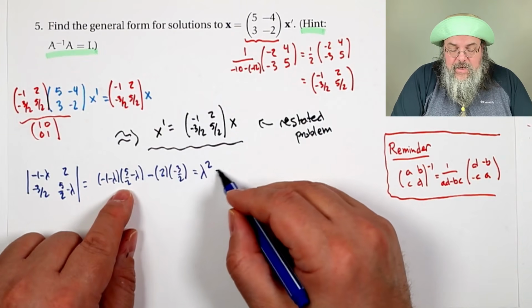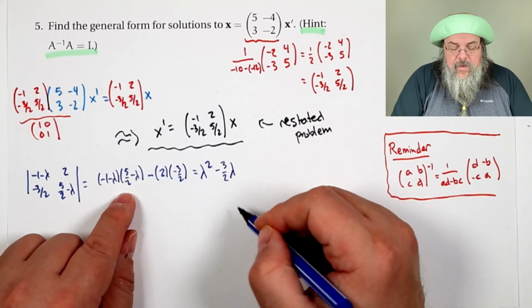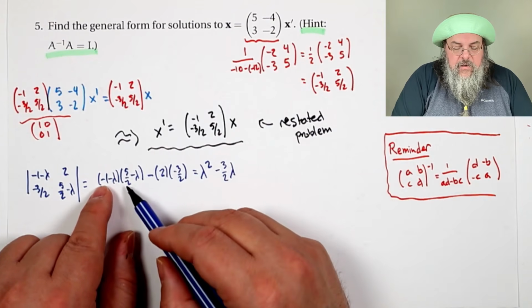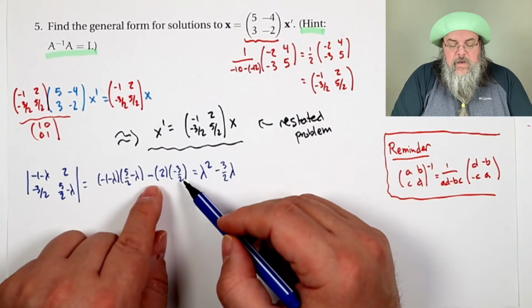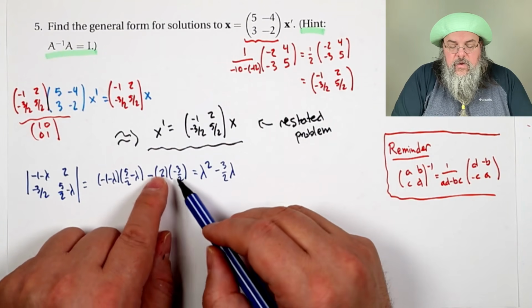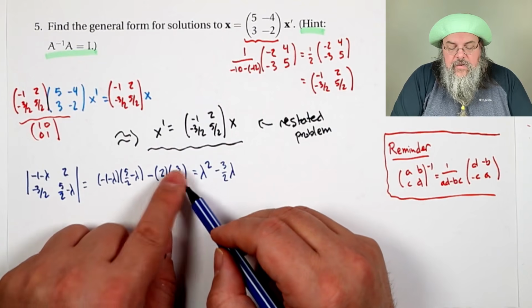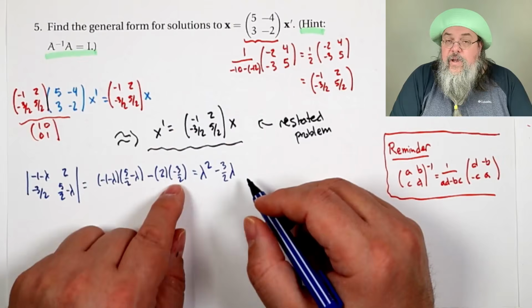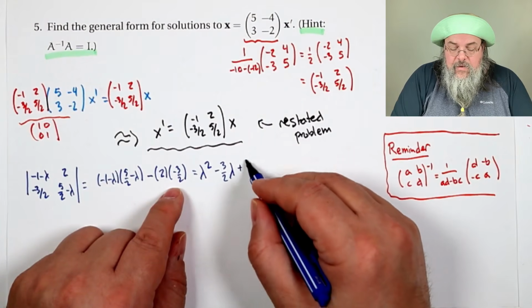So that would make a minus 3 halves lambda when we were done. And then we're going to get a minus 5 halves. But here we have a plus 6, right? Because the 2's, plus 3, 6 halves. So we have a minus 5 halves plus 3, which makes plus 1 half.